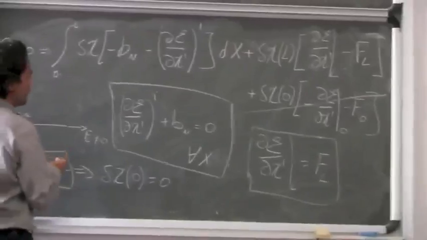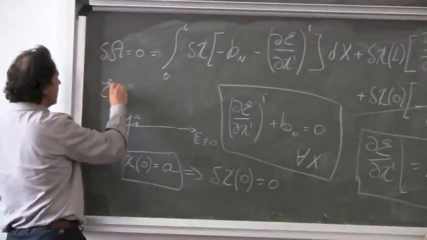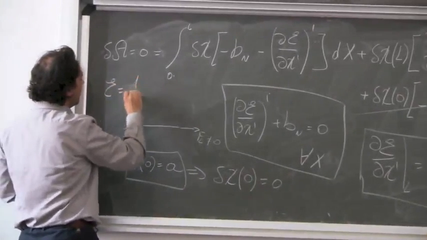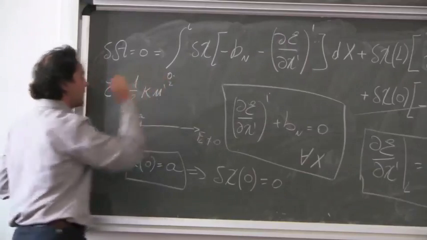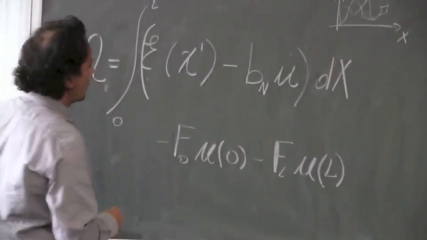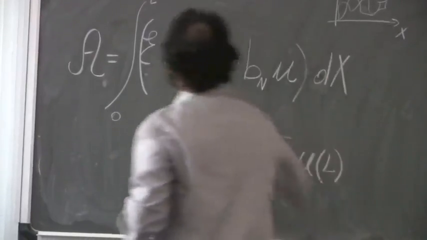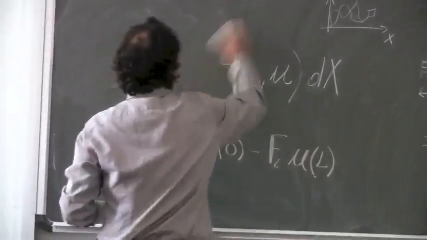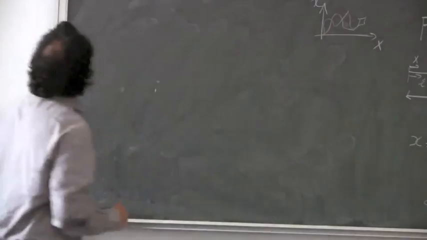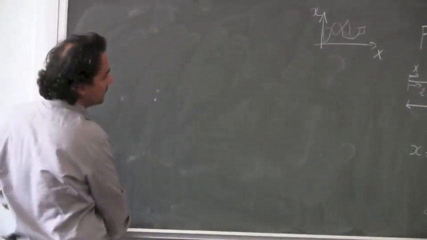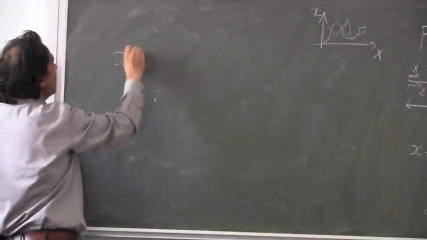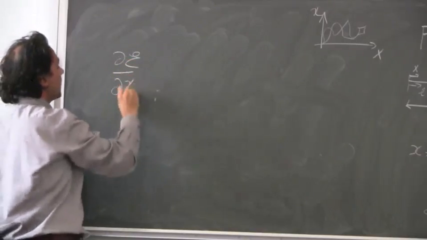For example, if you say that this epsilon is equal to 1/2 k u prime squared, this means that, what is the derivative of epsilon with respect to t prime?